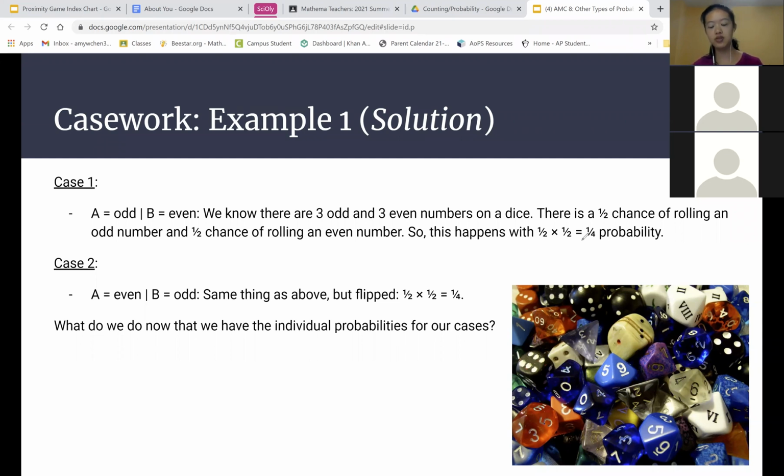Like, do we add them? Do we multiply them? Do we divide them? For this one, we would add them. And the reason is because we just basically split the problem into smaller cases.